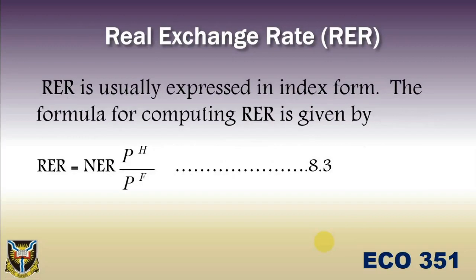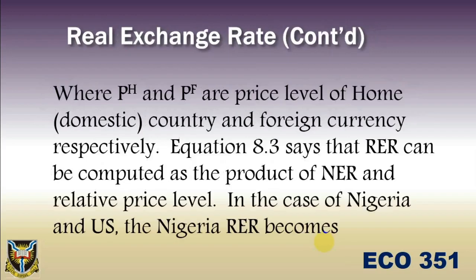The formula for computing real exchange rate is given by real exchange rate equals NER multiplied by PH over PF, where PH and PF are the price level of the home country and the foreign country respectively.